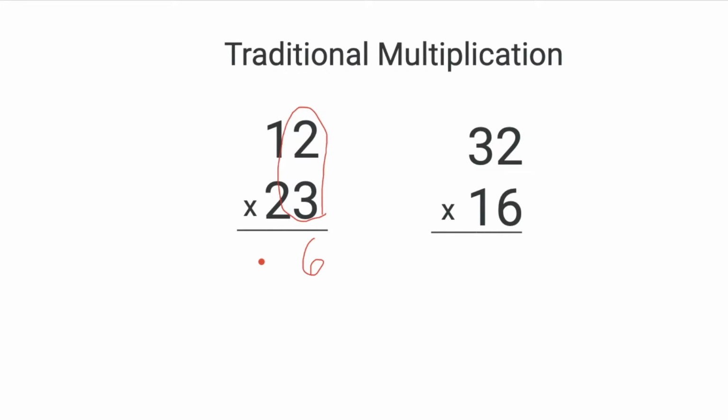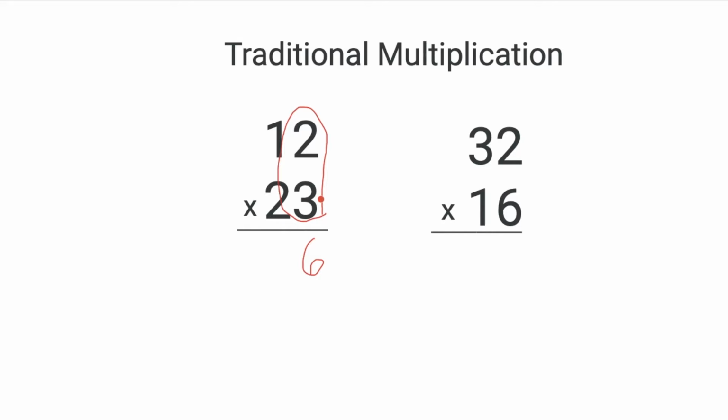It's very important not to skip this, or else you'll end up with products that are just completely incorrect. In traditional multiplication, you are splitting larger factors into their different place values. So instead of multiplying 3 multiplied by 12 or 23 multiplied by 12, you're going to multiply 3 by 2, which we just did.